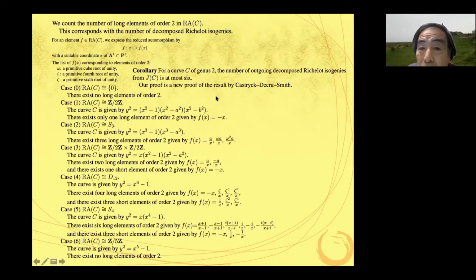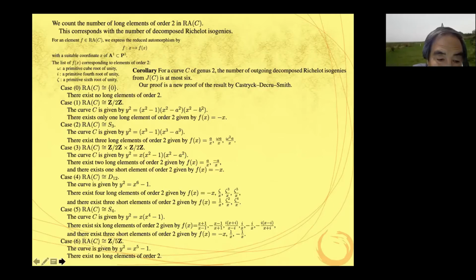Anyway, this result is known by Katsura, Decru, Smith in the world of cryptography, but they use computer-aided calculation. So this gives a new proof of the result by Katsura, Decru, Smith.